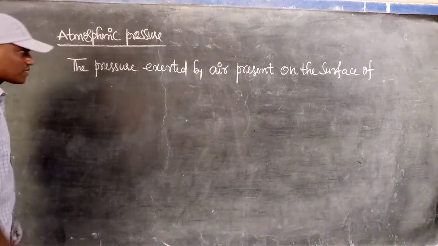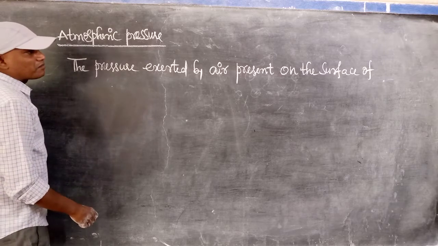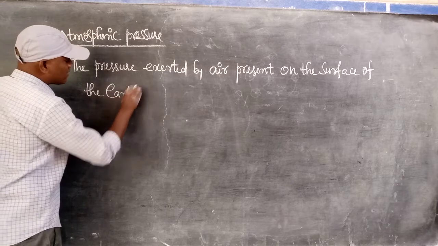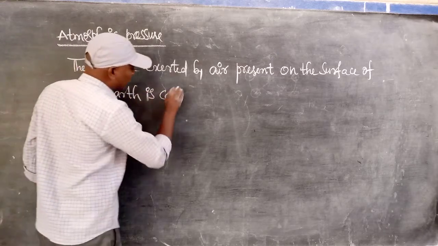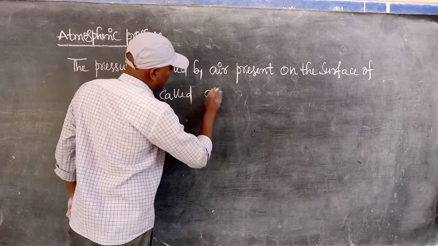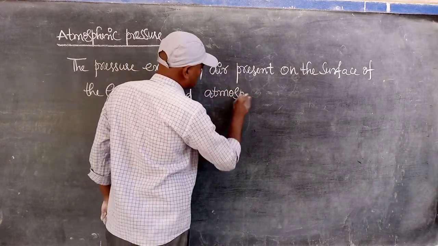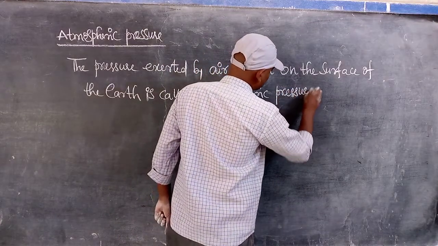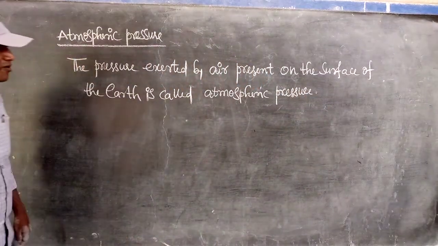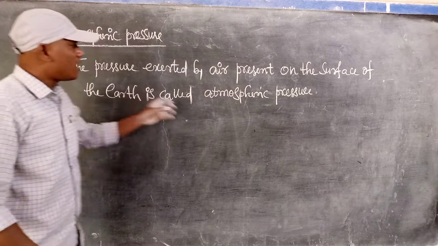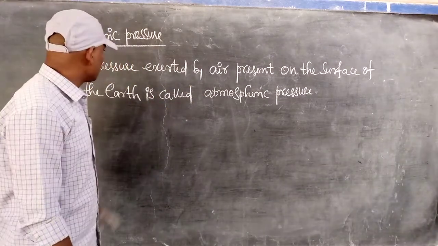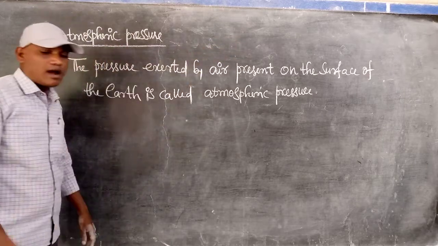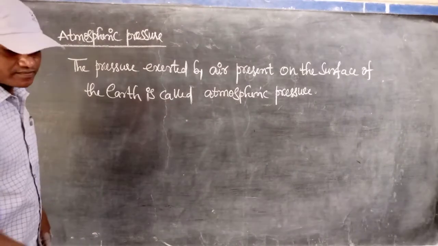The pressure exerted by air present on the surface of the earth is called atmospheric pressure. Our earth is surrounded by a blanket of air called the atmosphere. Atmospheric pressure means the pressure exerted by air present on the surface of the earth is called atmospheric pressure.